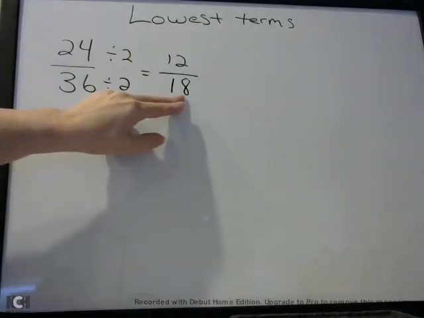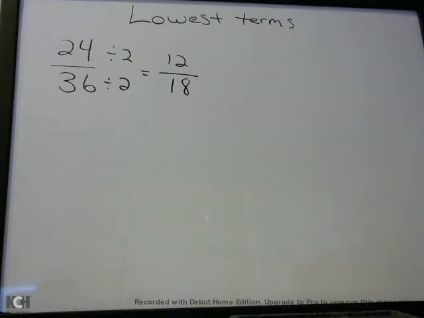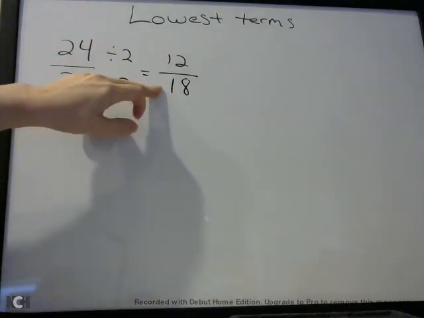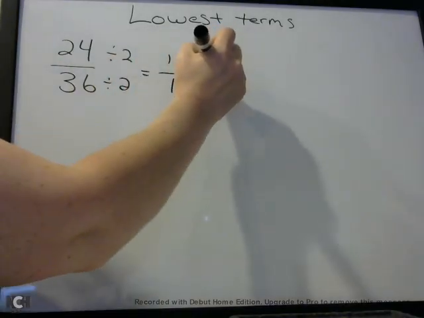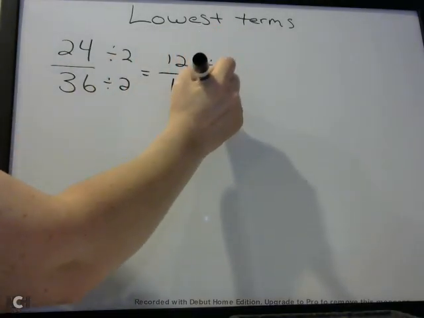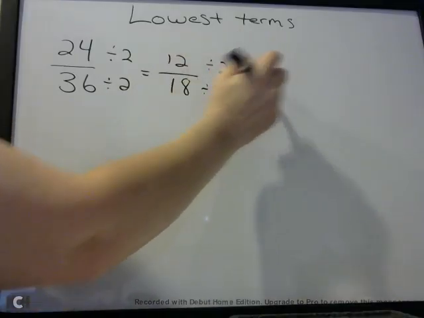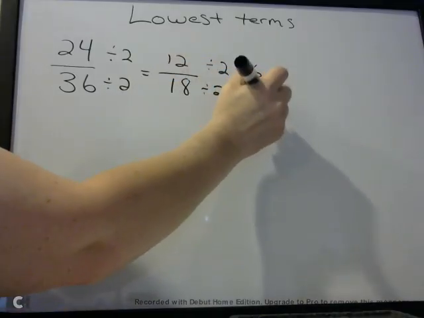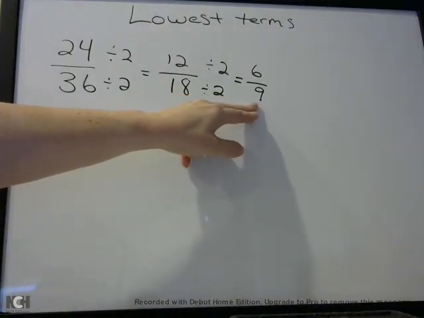So now we look at this fraction. Is this in lowest terms? Or can we divide something into both of these numbers evenly? Well, for 12 and 18, we can divide both of those by 2. 12 divided by 2 is 6, and 18 divided by 2 is 9. So now we have 6/9. Is that in lowest terms?